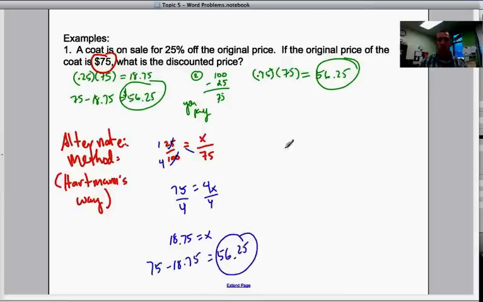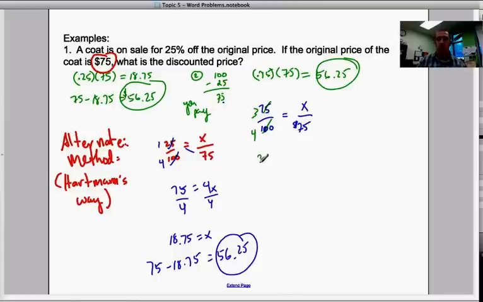Doing it the other way, her way, so you figure out that you pay 75%, so you want to know what 75% of $75 is. So it'd be 75 over 100 equals what out of $75? So you can, again, reduce if possible, make the number crunching a little easier.